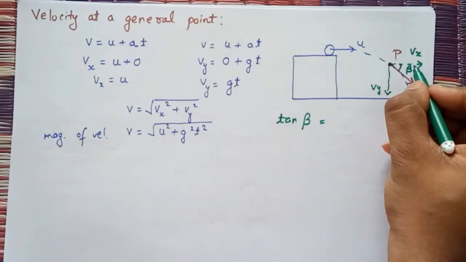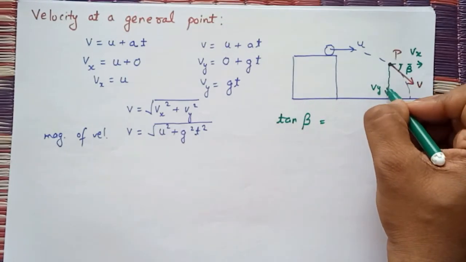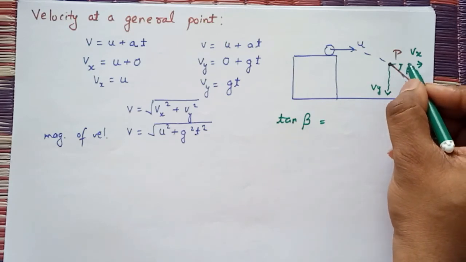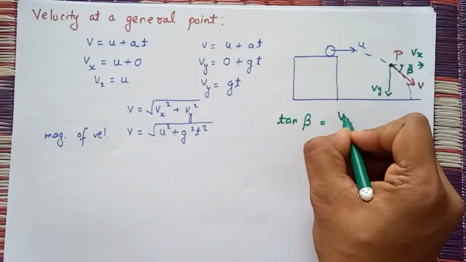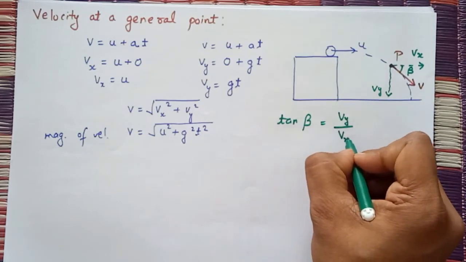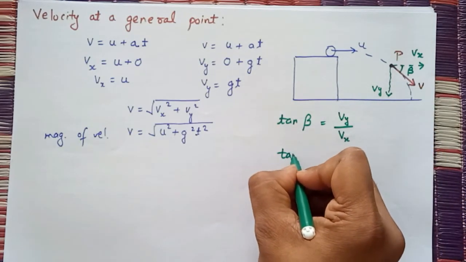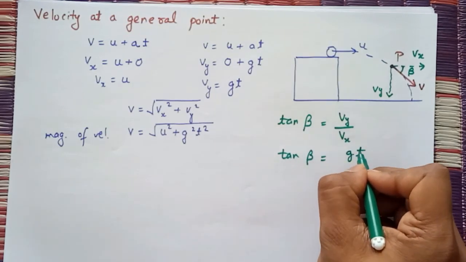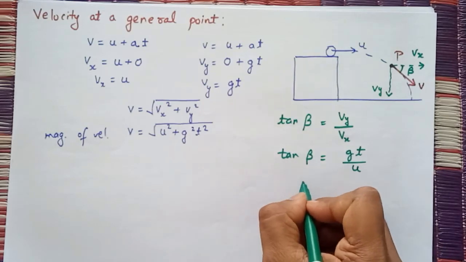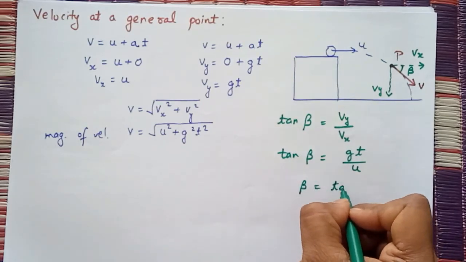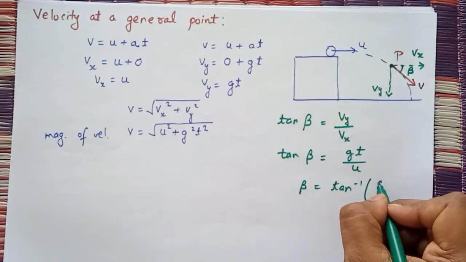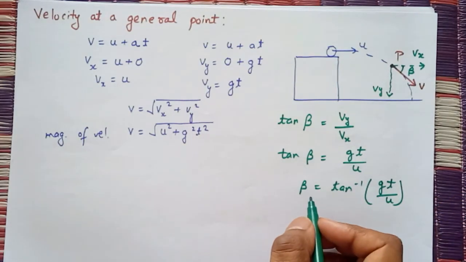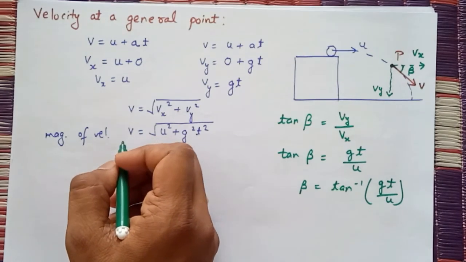Perpendicular will be Vy, the side opposite to the angle. It is Vy upon Vx, that is the base. So tan beta will be equal to gt upon u. So I can say beta will be equal to tan inverse of gt upon u. This is beta, and this is the magnitude of the velocity at a particular point.